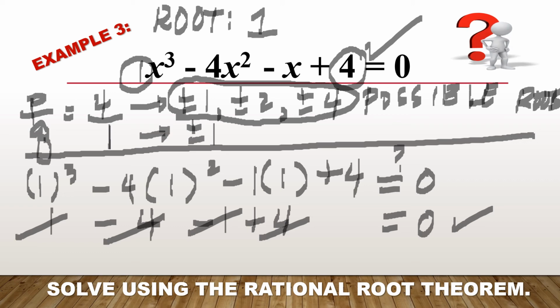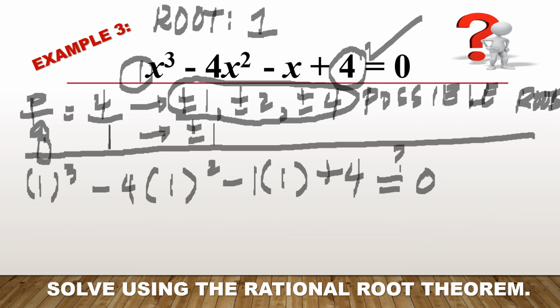Now, let's proceed to negative 1. So, let me erase this only. Then, let's replace 1 with negative 1. So, let me just put negative here, and negative here. Negative 1 cubed is negative 1. Negative 1 squared is positive 1 times negative 4 outside, that's negative 4.